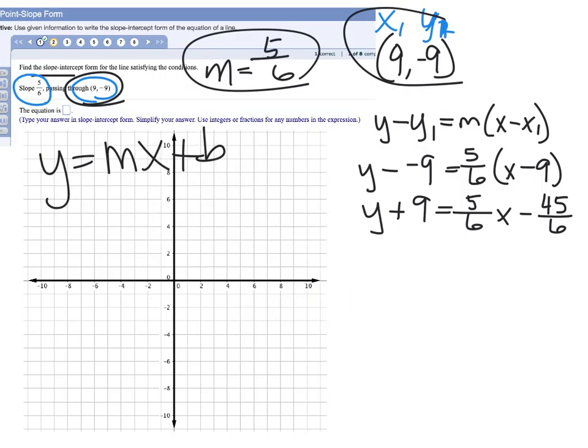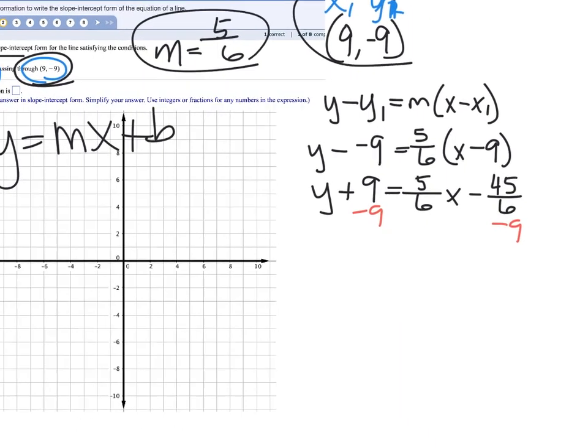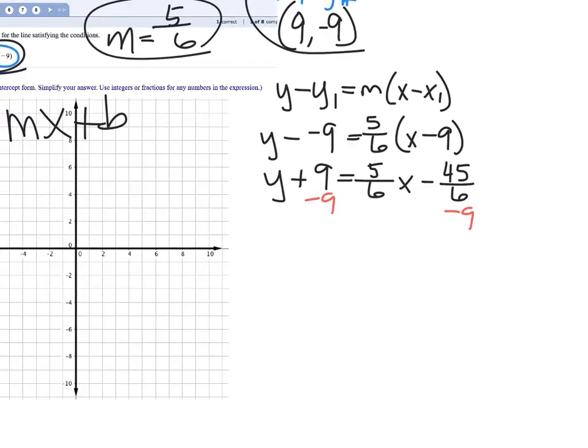So what are we going to do to get rid of that adding by 9? Well, we're going to subtract by 9. All right, and so I'm going to scooch over a little bit. So that gives us y equals 5/6 x minus 45/6 minus 9.